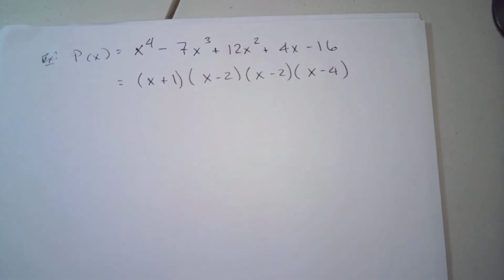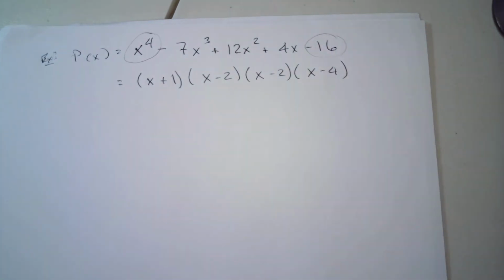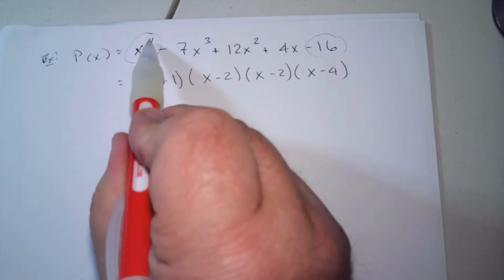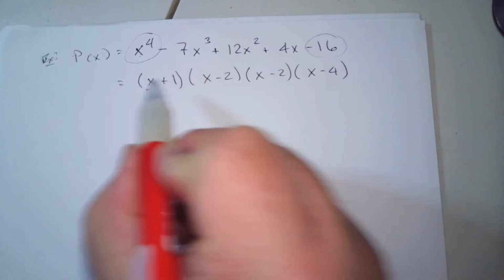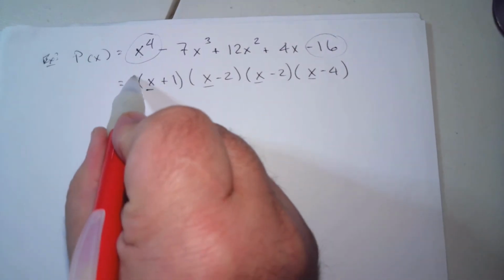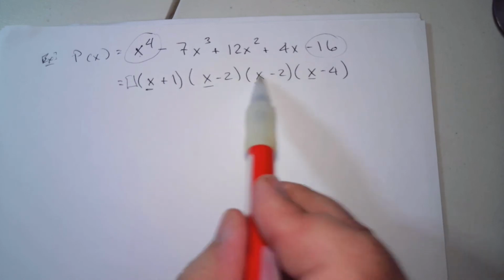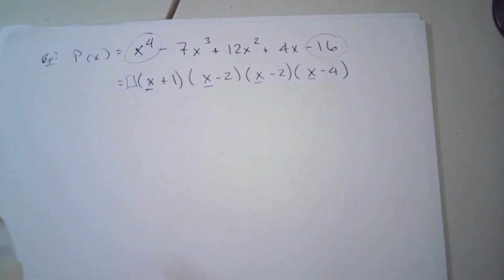The reason I gave it to you this way is so we look at 2 things. Let's look at these 2 terms. Where does x to the 4th come from? x times x times x times x times the coefficient, if we can factor something out. So 1, 2, 3, 4 x's, that's where the first term comes from.